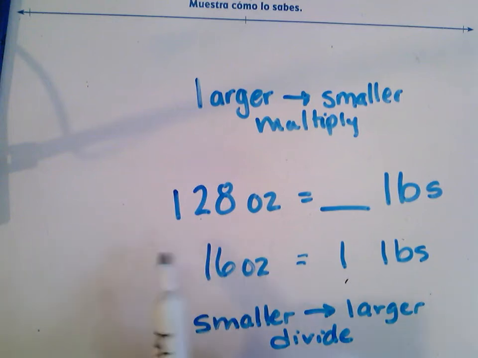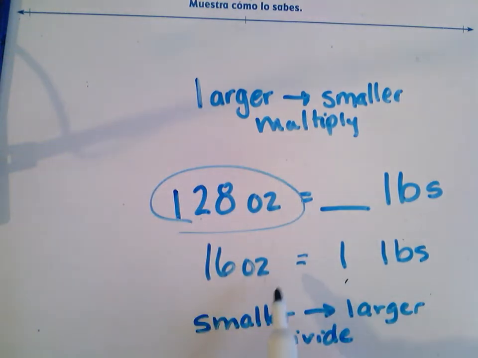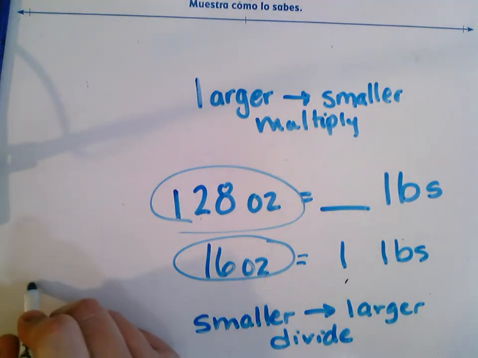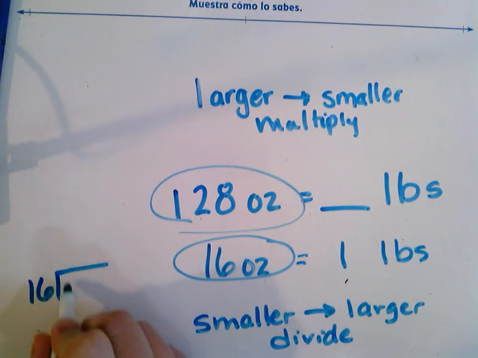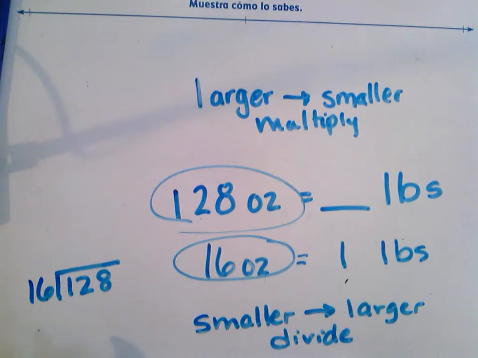What am I going to divide by? I'm going to divide 128 ounces by 16 ounces. 128 divided by 16. So again, you can use your calculator or you can do your long division to figure out what is 128 divided by 16.